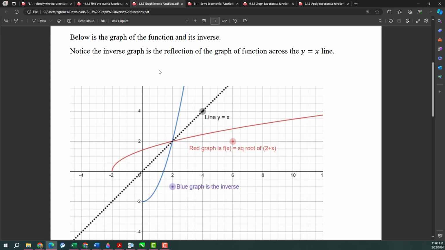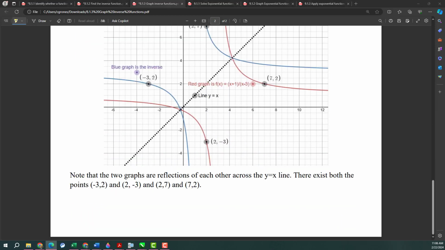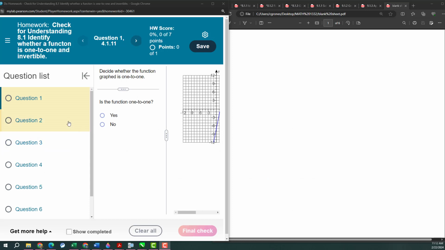The inverse graph is the reflection of the graph across the line y equals x. So if the two graphs reflect across the line y equals x, then they are inverses. So here's another example.